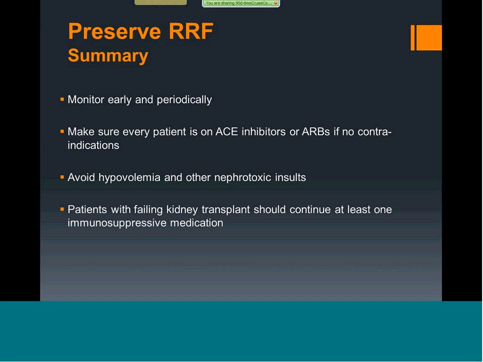Thursday through the day, Friday morning, we have them do a 24-hour collection of urine, bring it in, so that we know up front how much residual renal function we have, and that's our starting point. We ensure that every patient is on ACE inhibitors or ARBs if there are no contraindications. It's important to avoid hypovolemia and other nephrotoxic insults, and I've already talked about those that have a failing kidney transplant should continue at least one immunosuppressive medication.